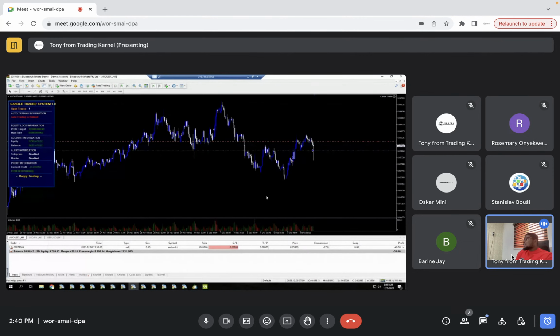It looks like it's going to hit our stop loss today. We were supposed to actually get a strong pullback to the downside. Let's just see what happens.